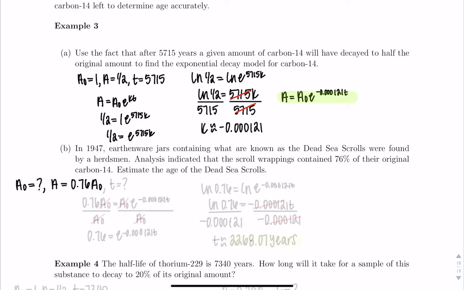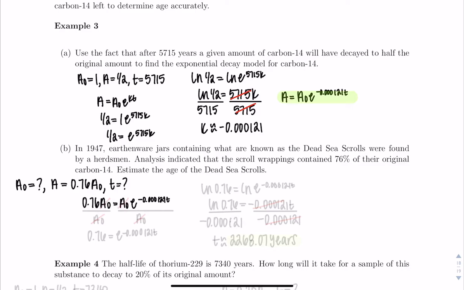So this is time. So A is 0.76 A naught. A naught is just regular A naught. e to the negative 0.000121t.